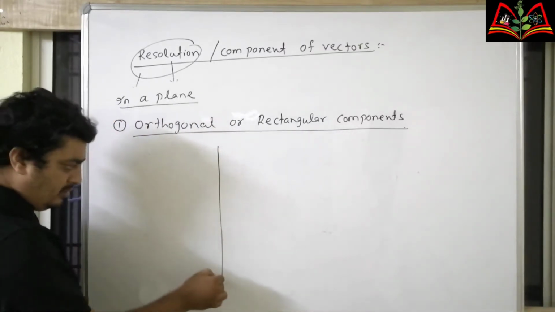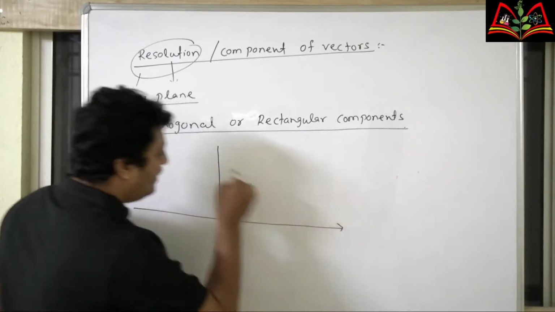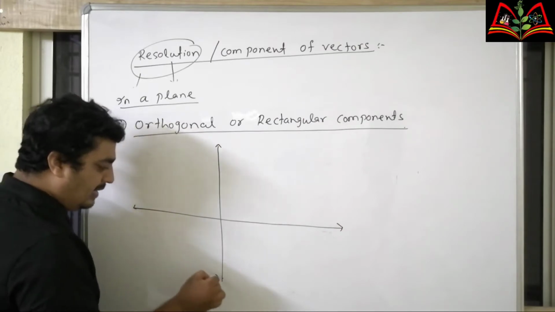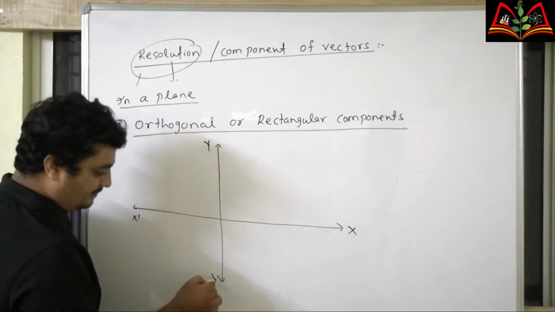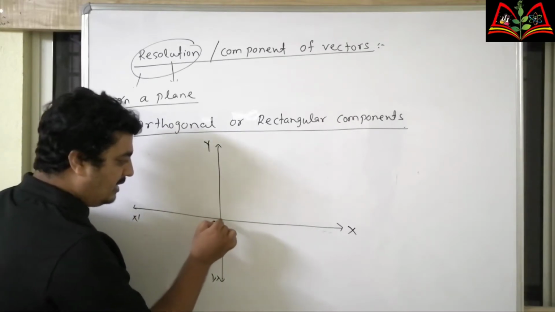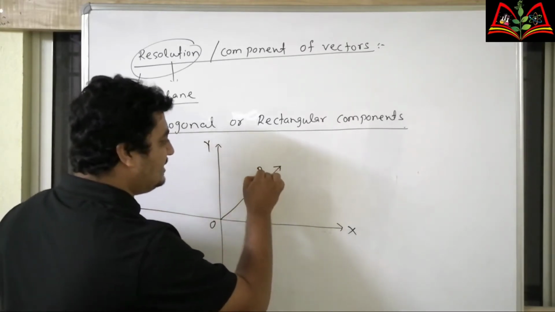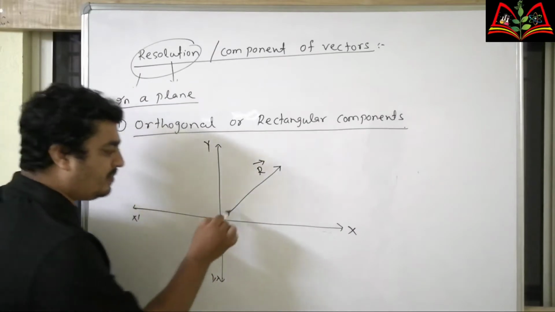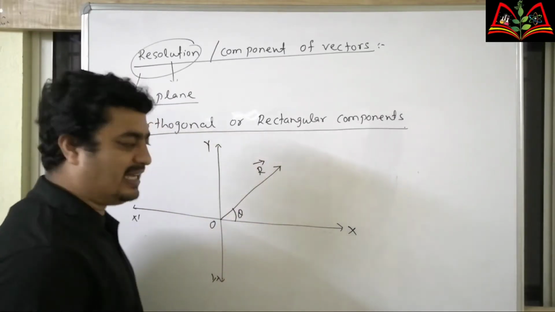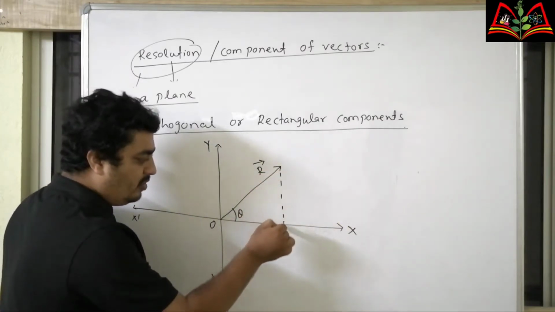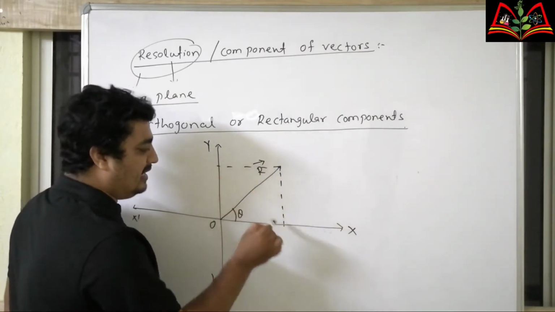Now, there are two axes, x-axis and y-axis. This is a single vector R. It makes an angle theta with the positive direction of x-axis. Now, draw a perpendicular here and here.